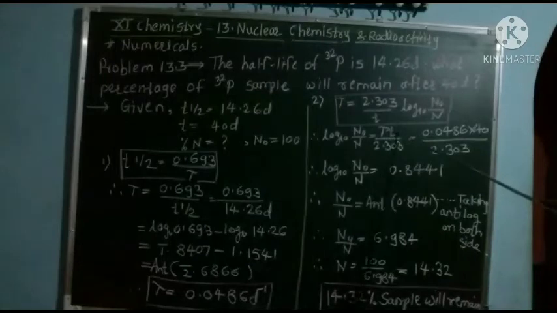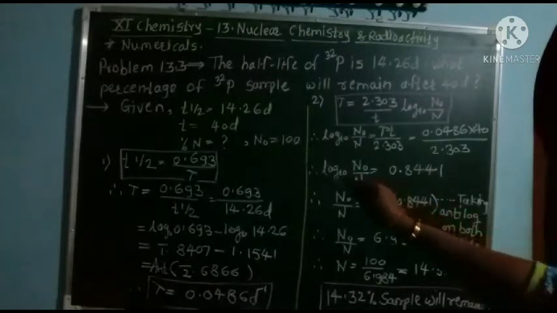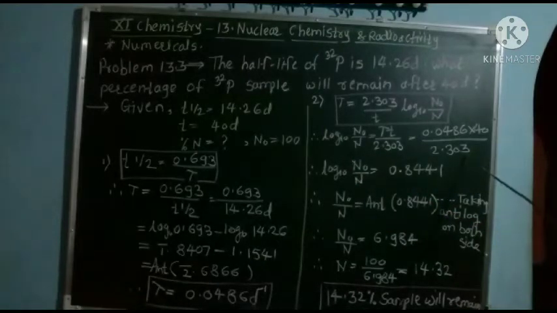Therefore the formula will be lambda T divided by 2.303. If we put the value of lambda, that is 0.0486, T is given 40, divided by 2.303. So 40 into 0.0486 divided by 2.303, it will be 0.8441.